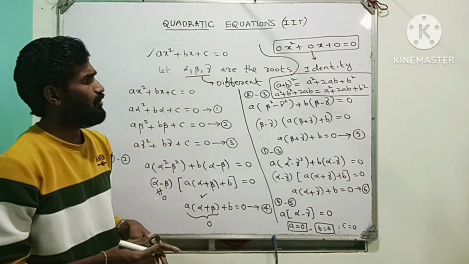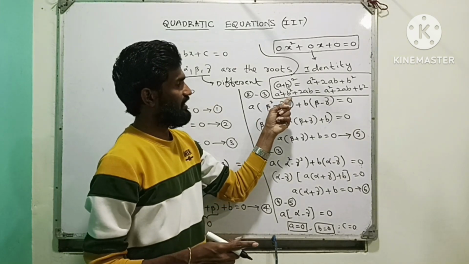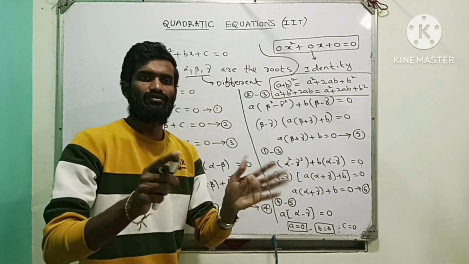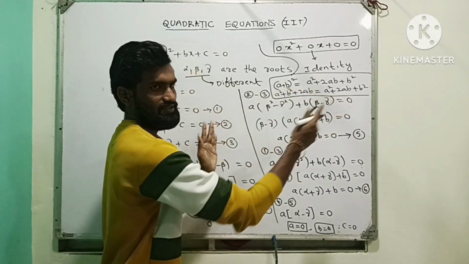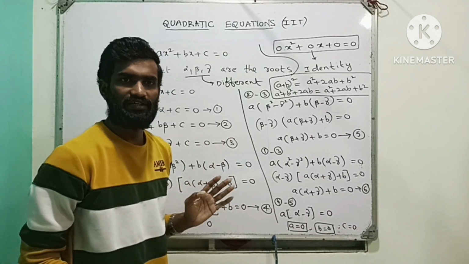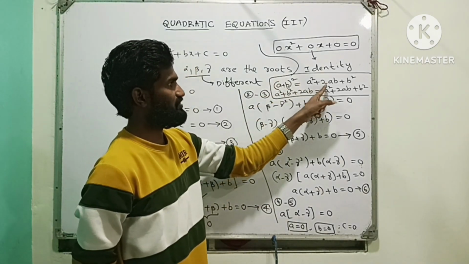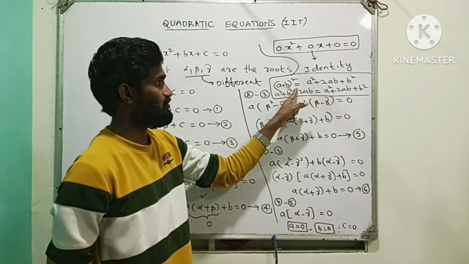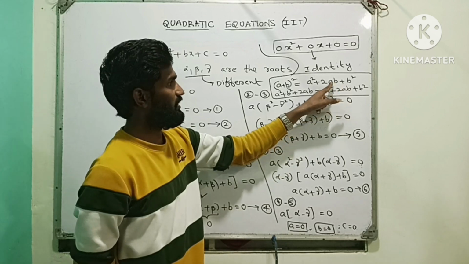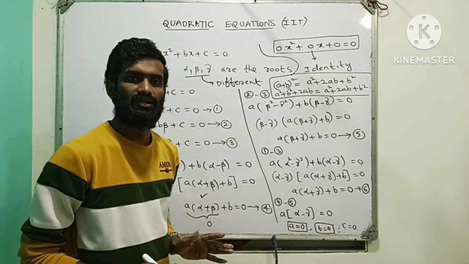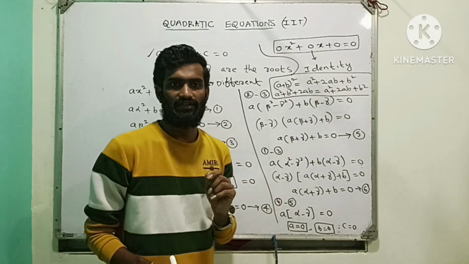Identity means that in place of a and b, whatever values you take and substitute, you will get LHS equal to RHS. So that is nothing but an identity. This equation, a plus b whole square equals a square plus 2ab plus b square, is an identity. You can substitute any value of a and b, this will definitely be satisfied. That's why we call it an identity.